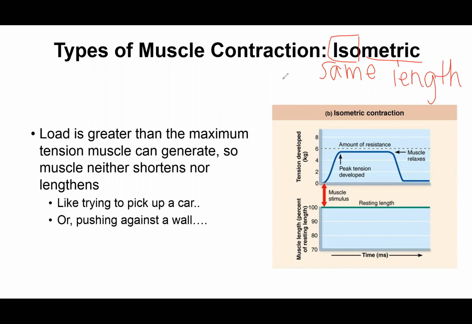So this is contraction where the length of the muscle is not changing. This occurs because the load is greater than the amount of tension that the muscle can generate. So the muscle doesn't shorten or lengthen. This is kind of like trying to pick up a car. Or I'm going to just draw in a quick example of this.